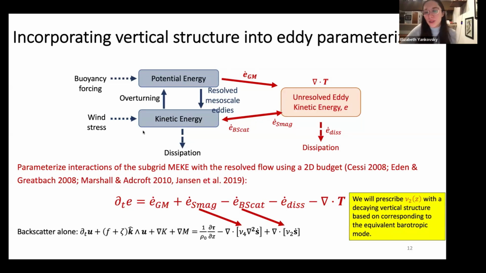There's been a lot of research recently about how to parameterize backscatter in the best way, but I've been focusing on the vertical structure aspect. If we look at the momentum equation, the backscatter term is just this Laplacian, which injects energy in the same way that it would be dissipated, except it's an anti-viscosity instead of a viscosity. So what we did here is that we prescribed a vertical structure for this nu2 coefficient.